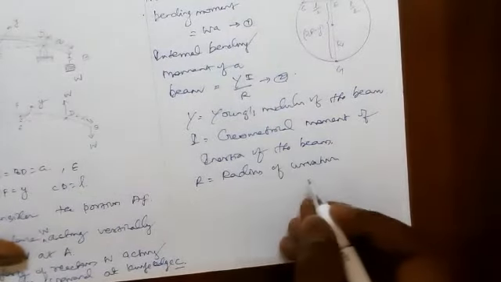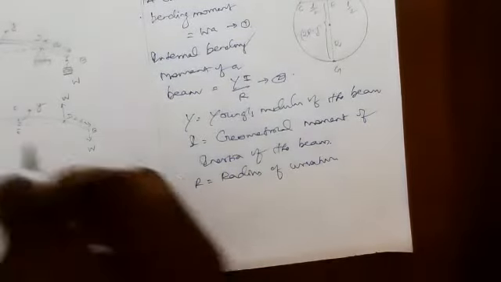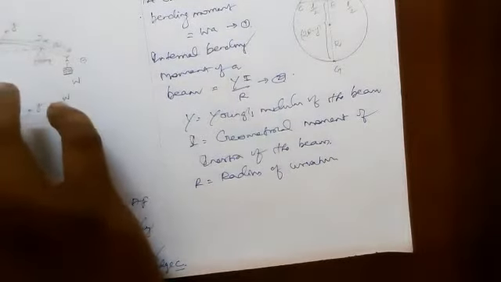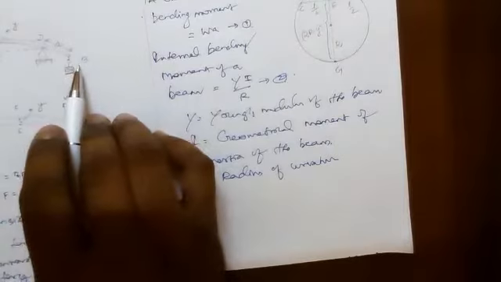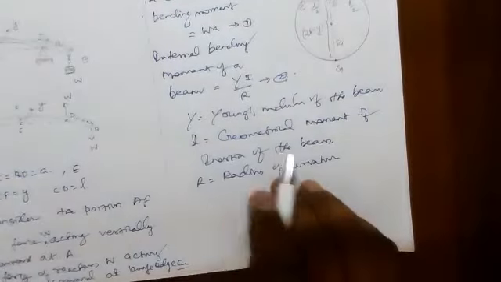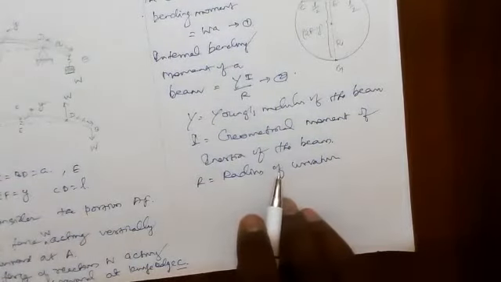This radius of curvature is because the bending of the beam forms an arc of a circle. The radius of curvature of the circle is capital R.